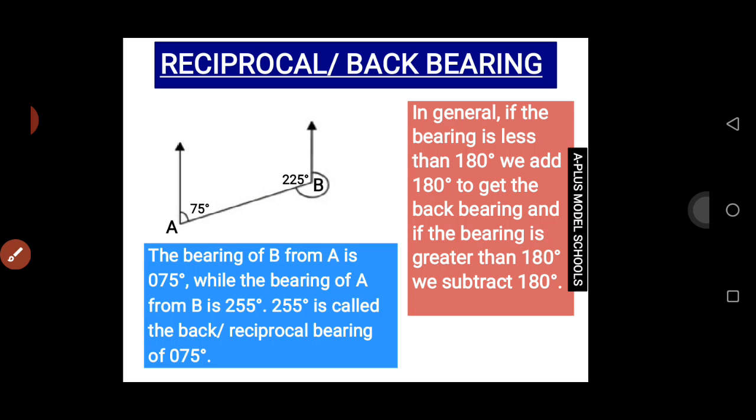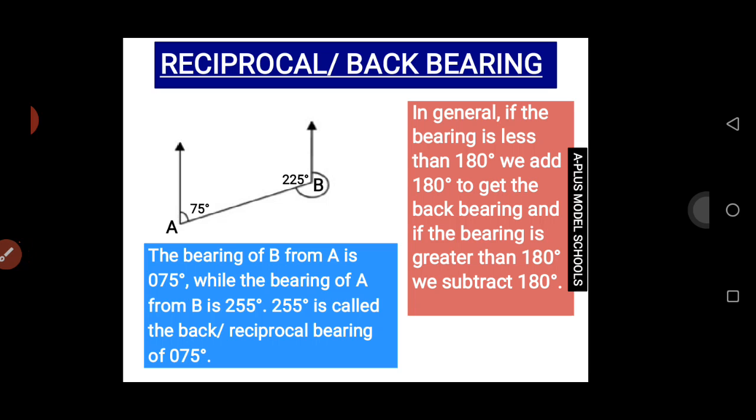So 225 degrees is called the back bearing of 75 degrees. So you can see it's just like an opposite. If the bearing of A from B is 225 degrees, then the reciprocal or back bearing of that will be the bearing of B from A, which is 75 degrees.